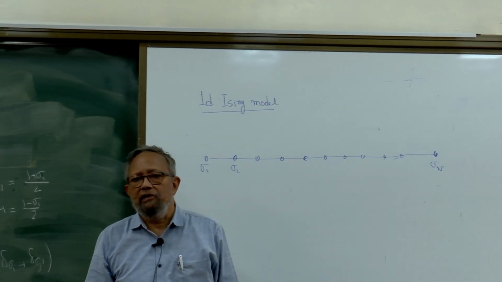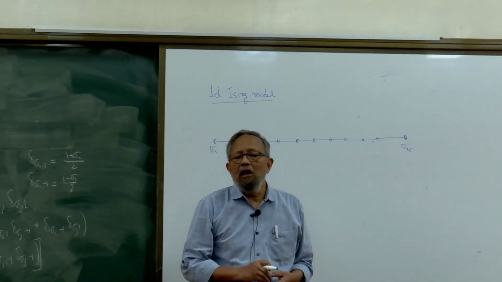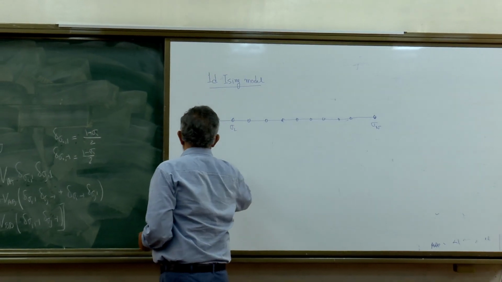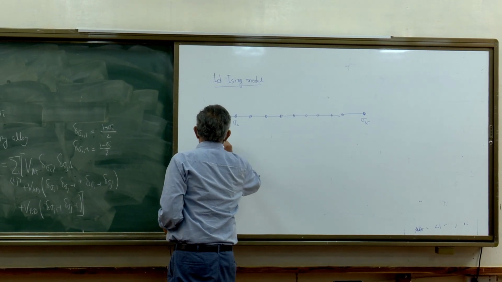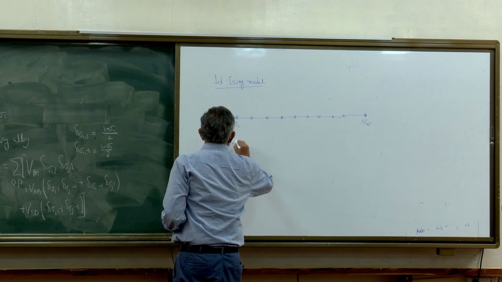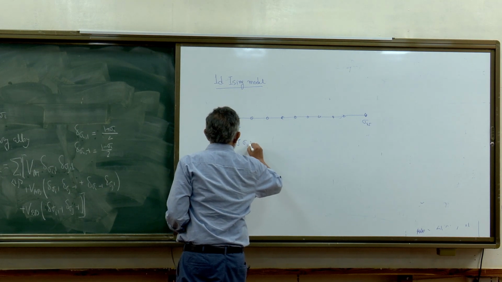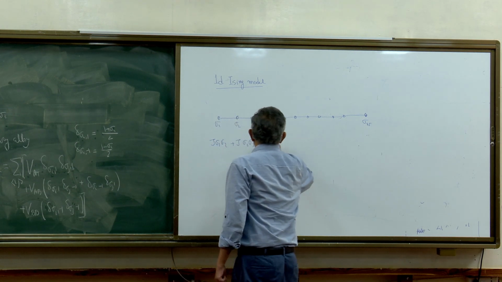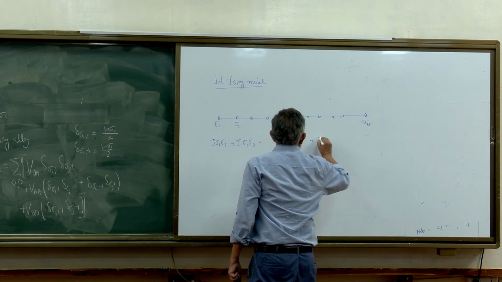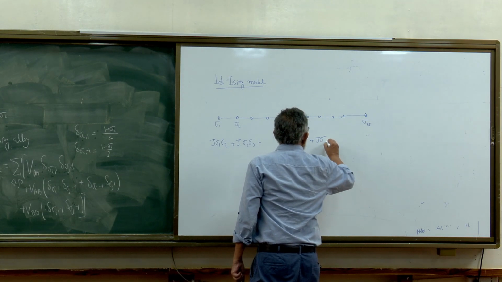It's free boundary conditions. And you have the same interaction, J times sigma 1 sigma 2, plus J times sigma 2 sigma 3, plus all the way up to J times sigma N minus 1 sigma N.